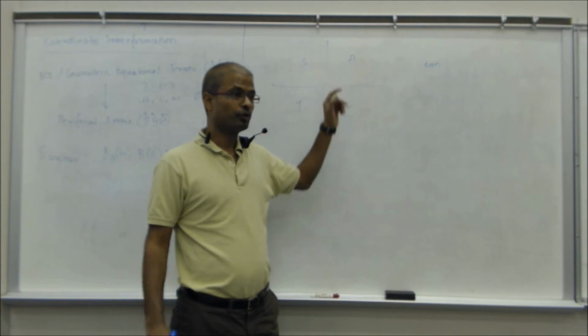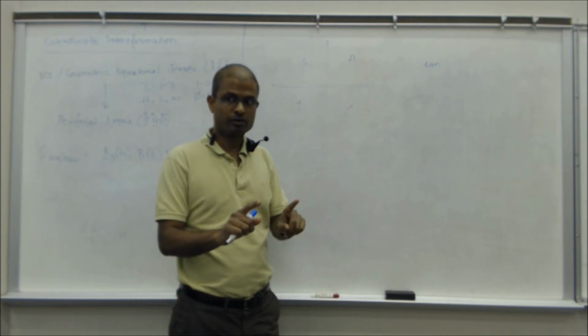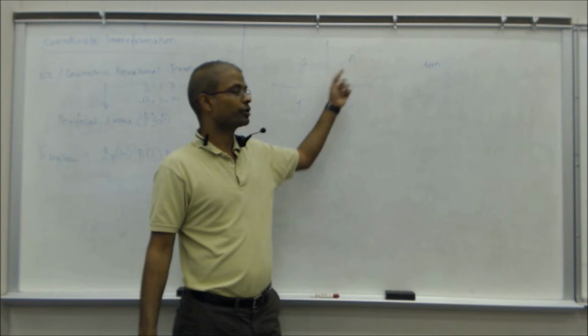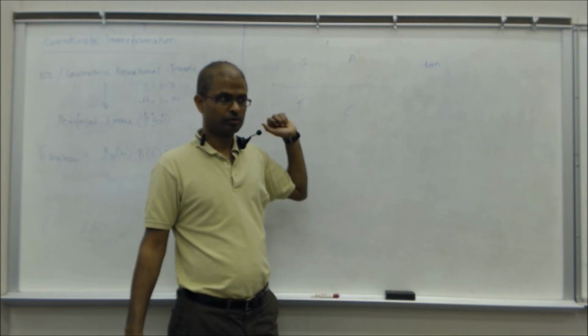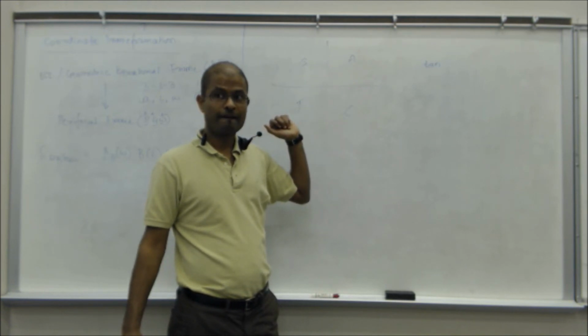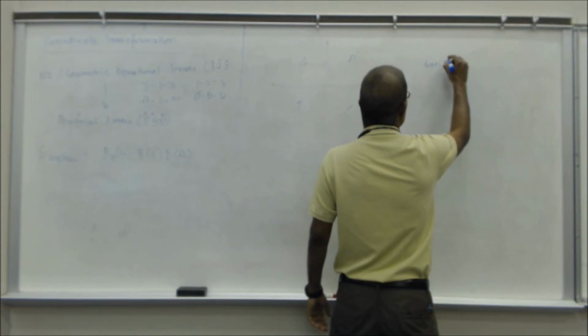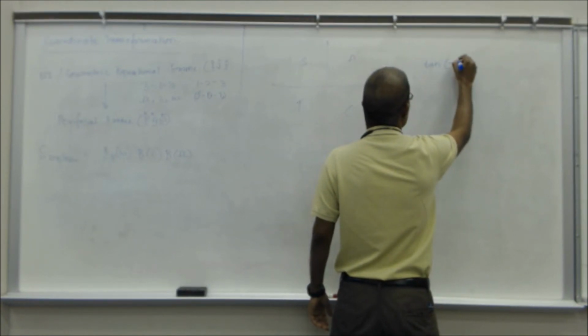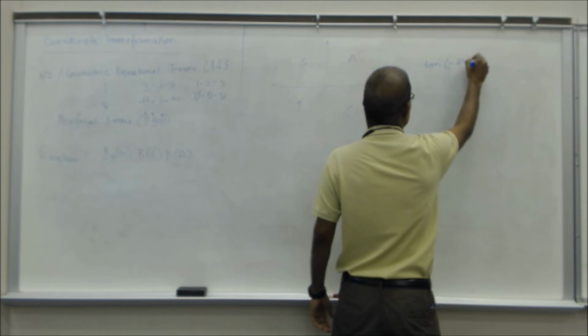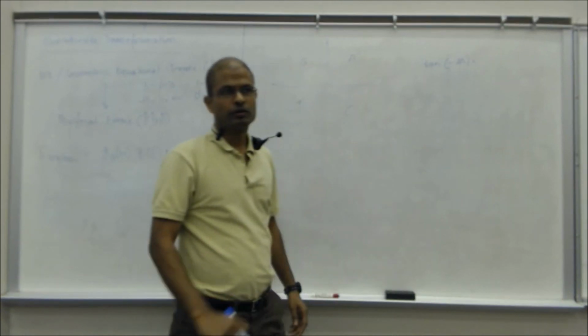If you do separate numbers, it will always give you either this or this. So tangent of, let's say, minus 45. Where would this lie?